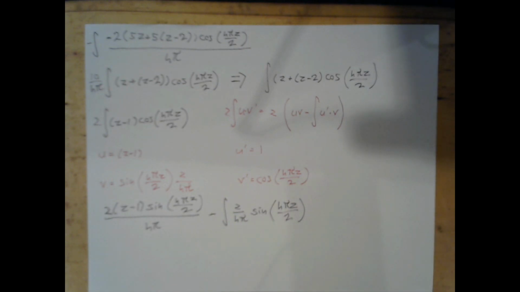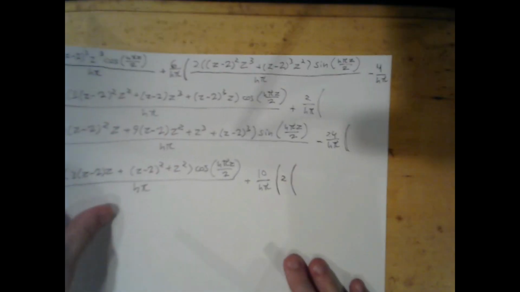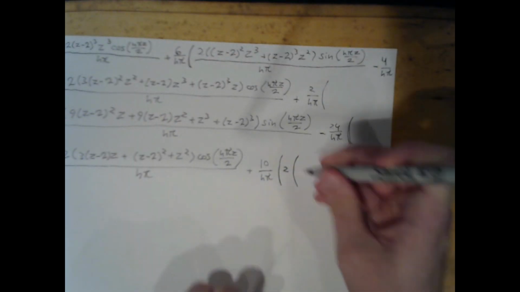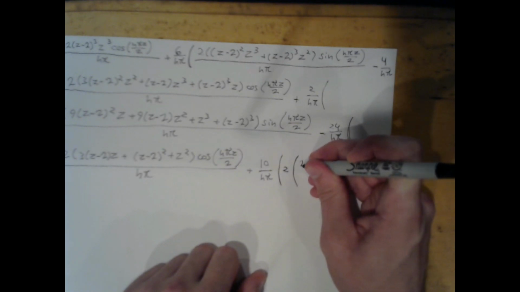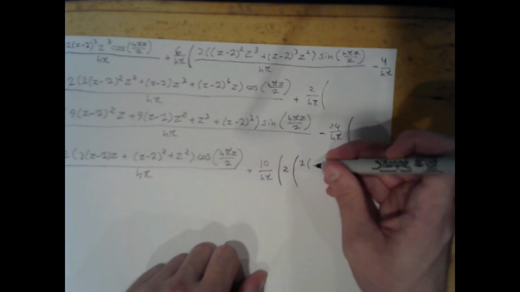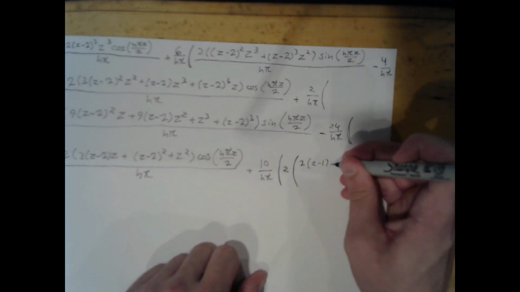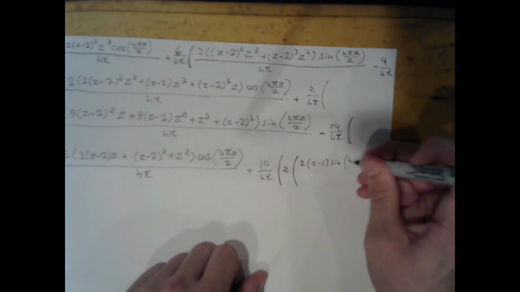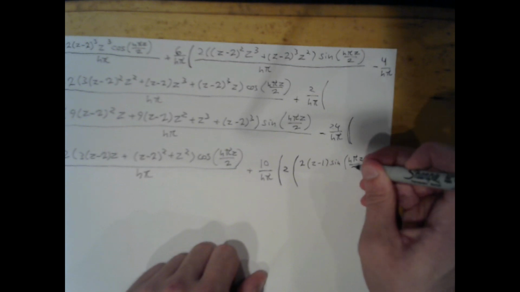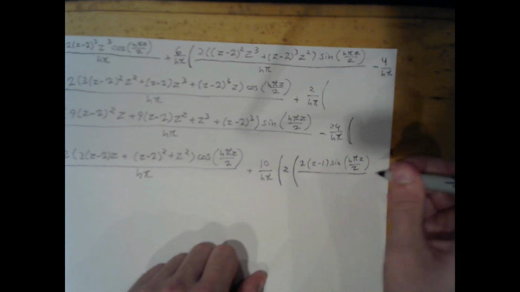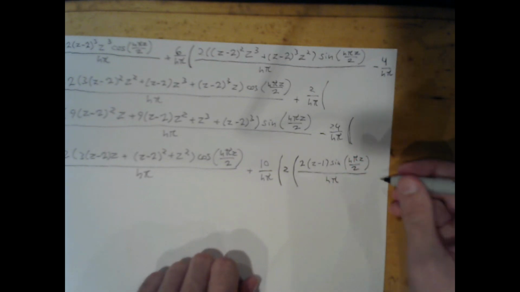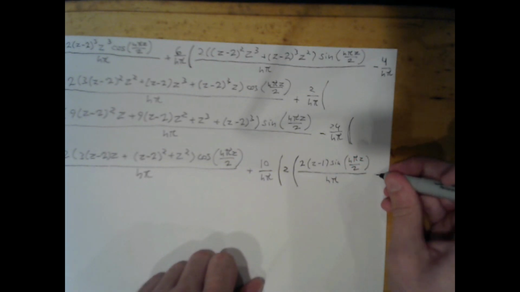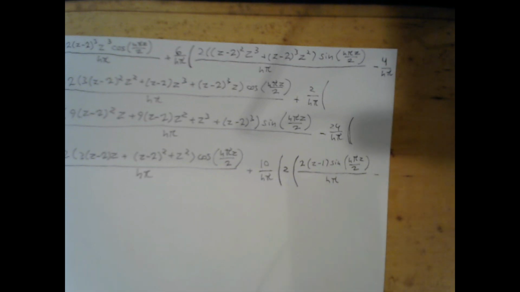This should definitely look like a sub-problem to you at this point. Let's go back to our initial equation here. Let's see if I can write it small enough. So we're going to say 2 times z minus 1 sine h pi z over 2 all over h pi. Okay, and then we're going to be subtracting right here.